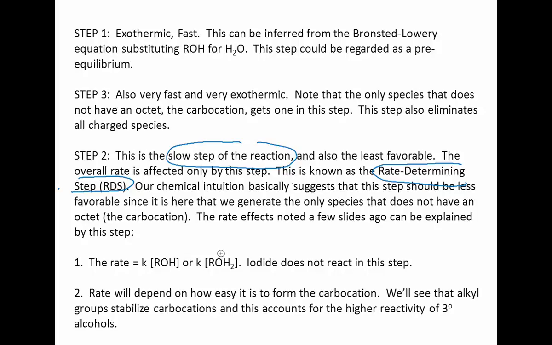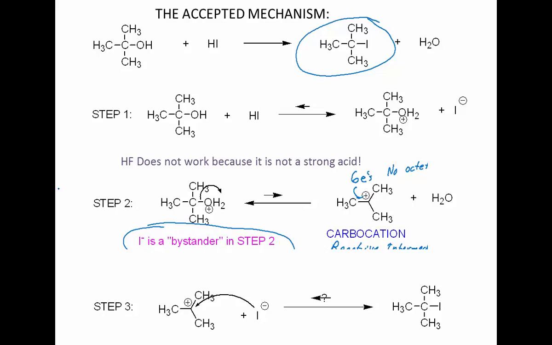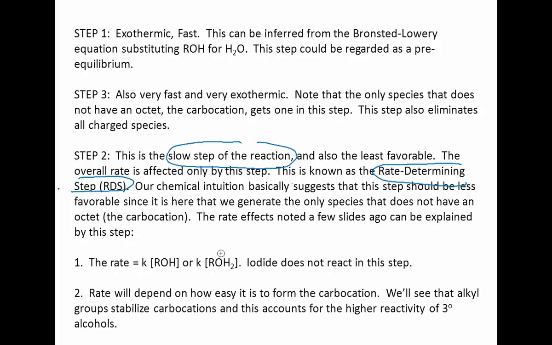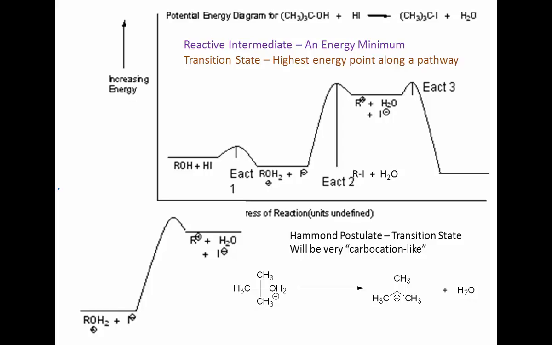The rate will also depend on how easy it is to form the carbocation. The easier it is to form the carbocation, the more facile this step is going to be. And when we discuss carbocations, we're going to see that alkyl groups stabilize carbocations, and that this accounts for the higher reactivity of tertiary alcohols.